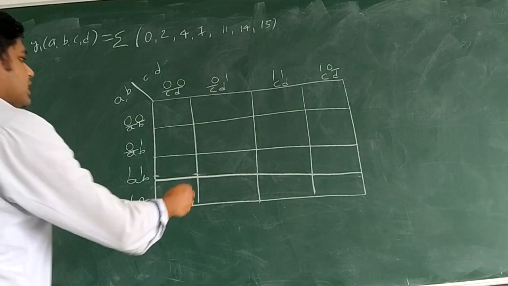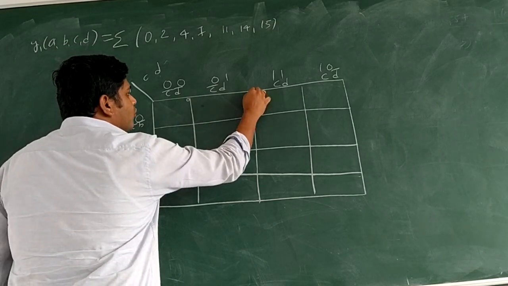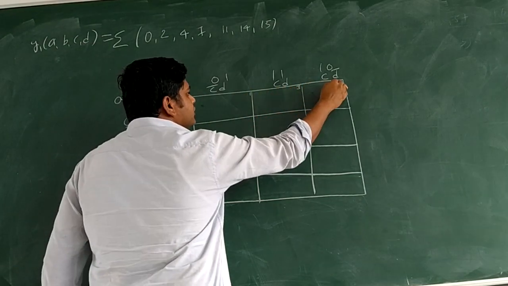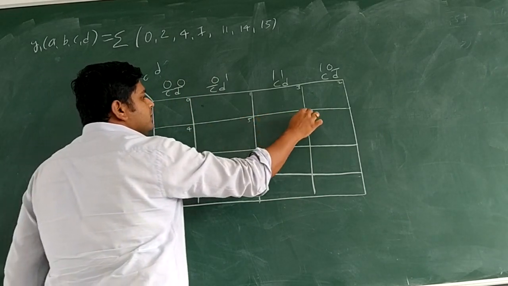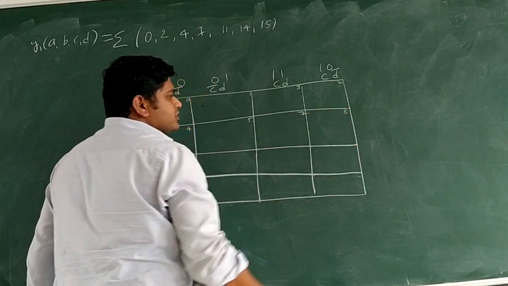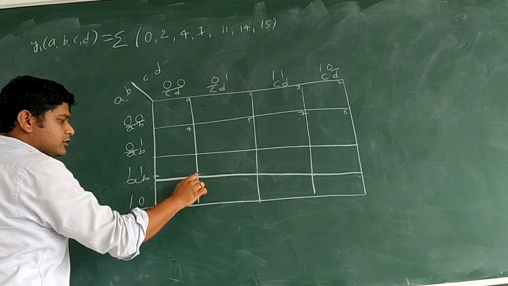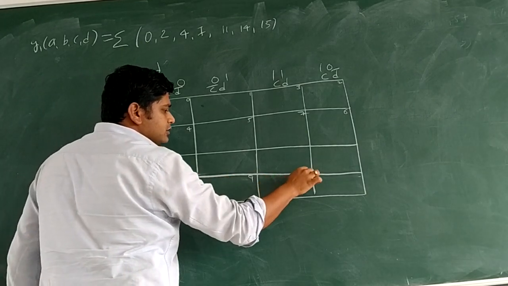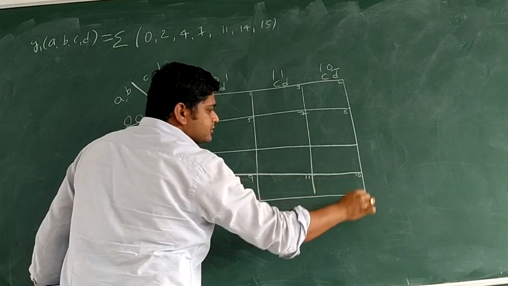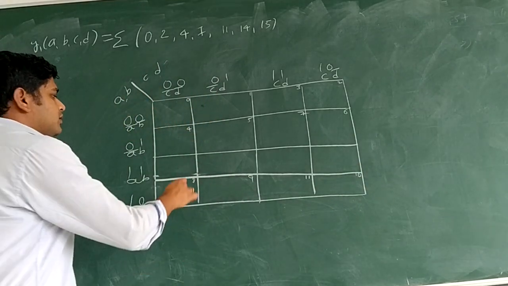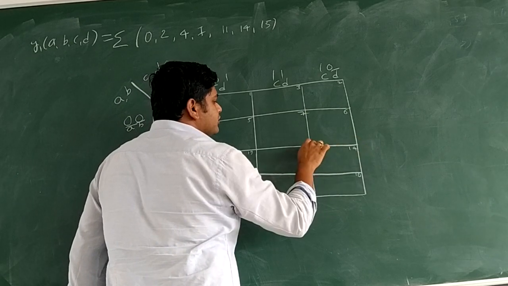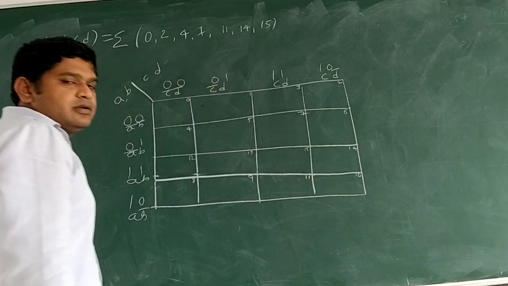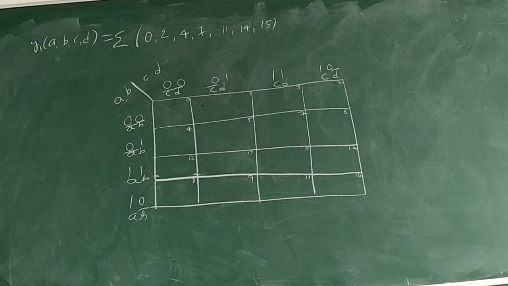So write cell numbers 0, 1, 3, 2, 4, 5, 7, 6. Leave one row, then 8, 9, 11, 10. Then 12, 13, here it is 14, then comes 15. These are the cell numbers.